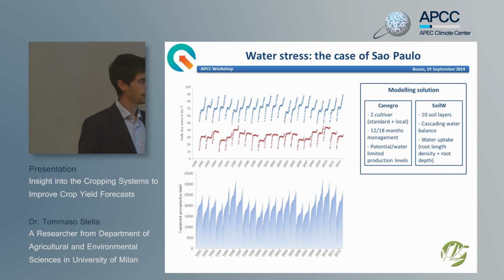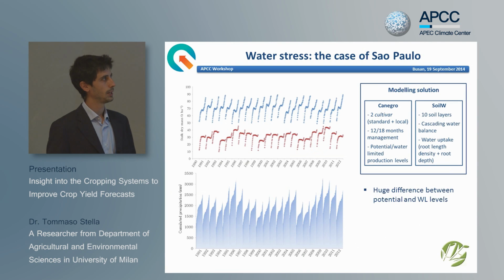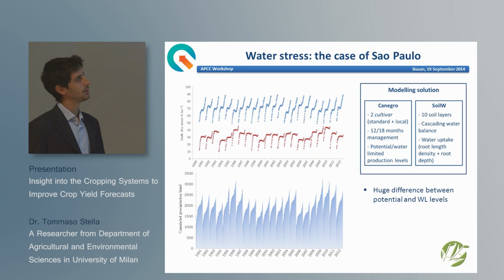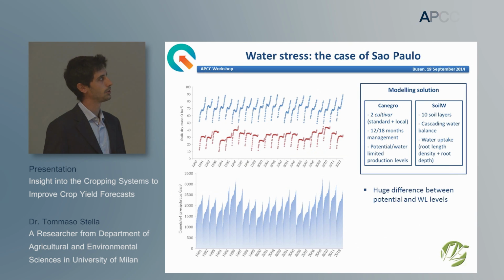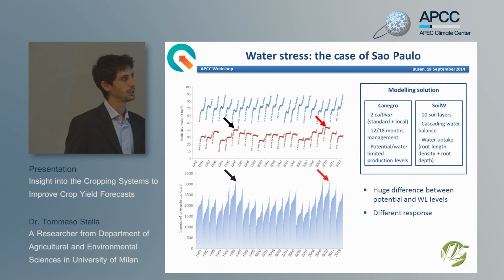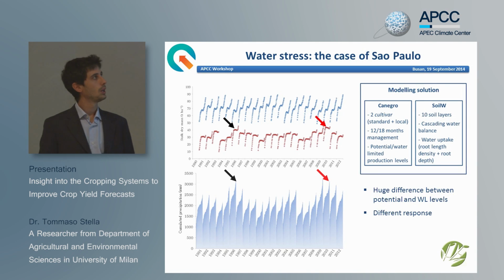The first thing we can notice is that there is a huge difference between simulated potential production level and water-limited production levels, with the actual yields somewhere in this range. We don't know exactly where. But also, we can notice that there is a different response, a different interannual variability between potential production and water-limited production.